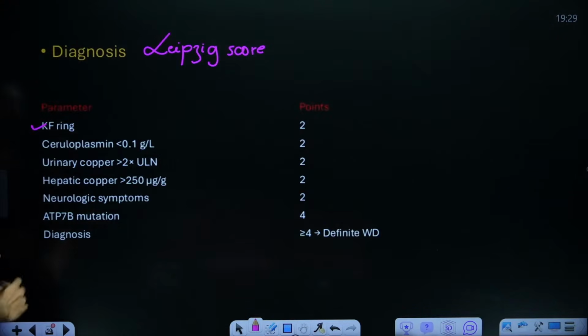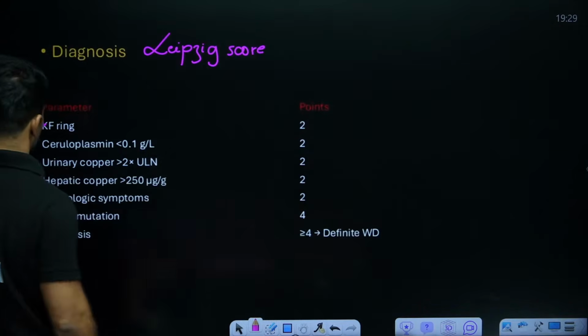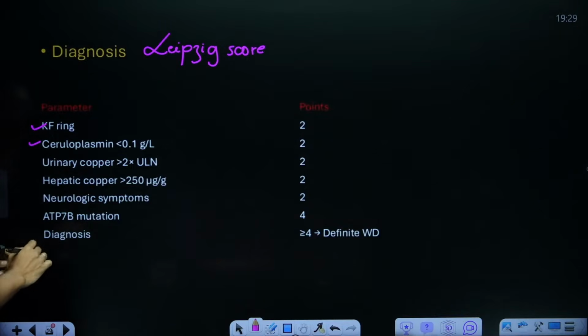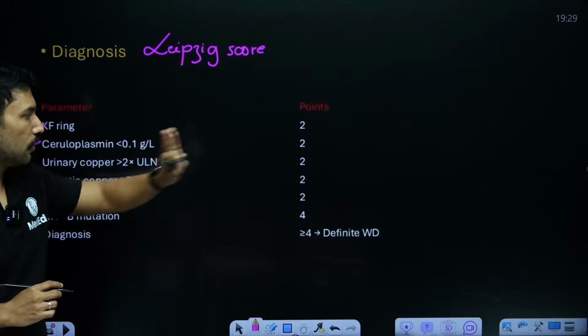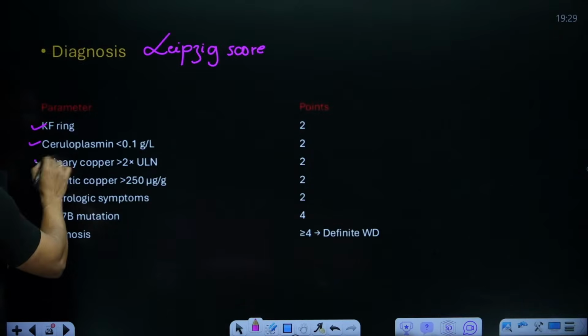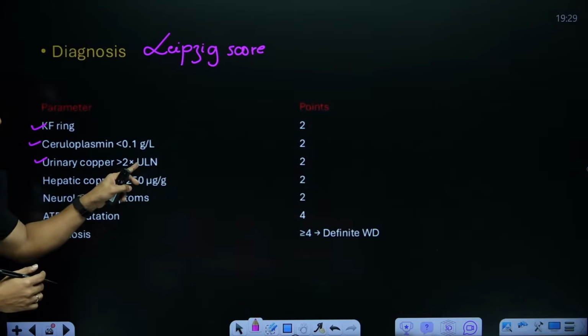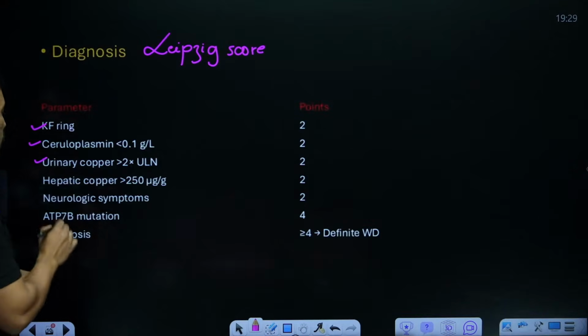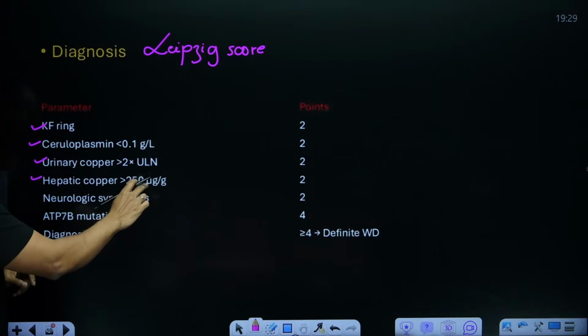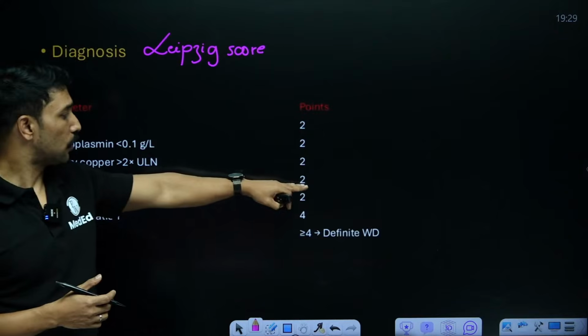First one is KF ring. If there is a KF ring, you give 2 points. Second one is ceruloplasmin. Ceruloplasmin less than 0.1 gram per liter, you give 2 points. If urinary copper excretion is more than 2 times the upper limit of normal, you give 2 points. If hepatic copper quantification is, as I have already told you, more than 250 micrograms per gram of liver tissue, you give 2 points.